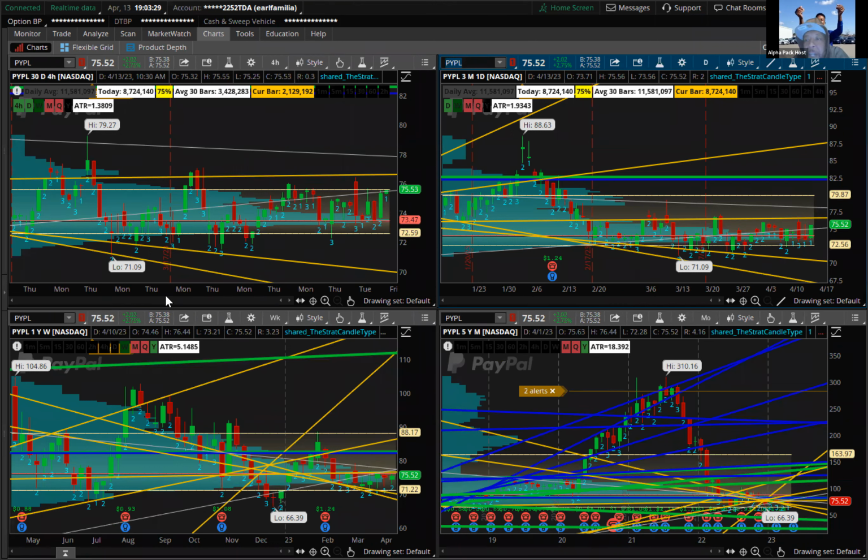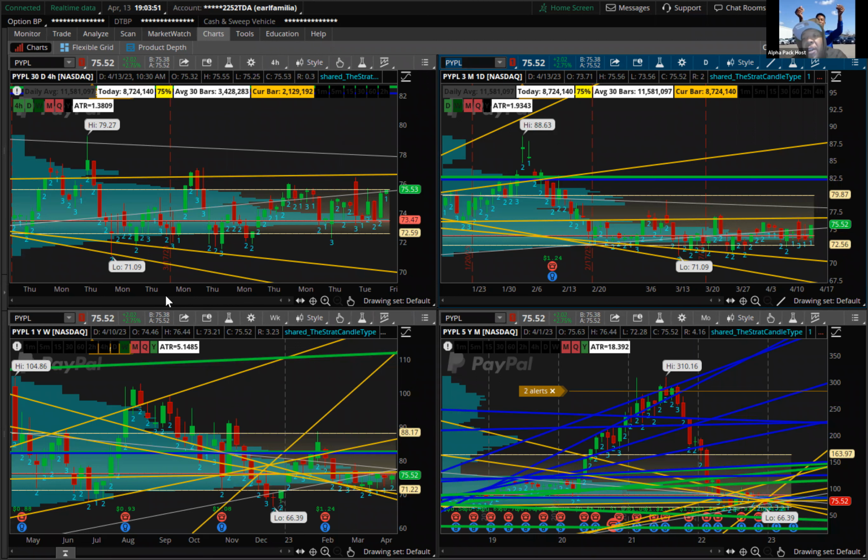PayPal's been consolidating under this weekly broadening formation. One of the big things I like about consolidation, especially since I've been using the Strat, is that you can see setups and combinations that logically would make sense to break out of a consolidation.